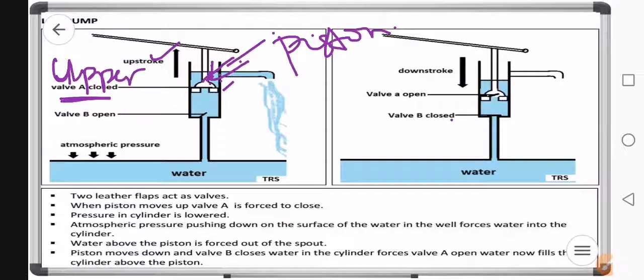So during upstroke, when the piston moves up, the upper valve closes, okay? To avoid backflow of water.